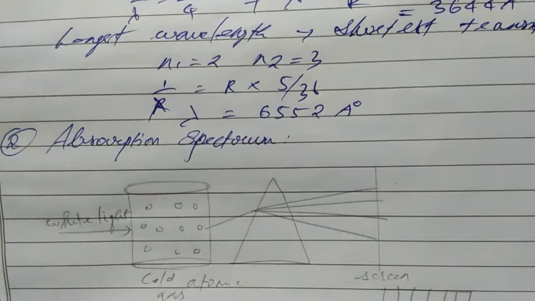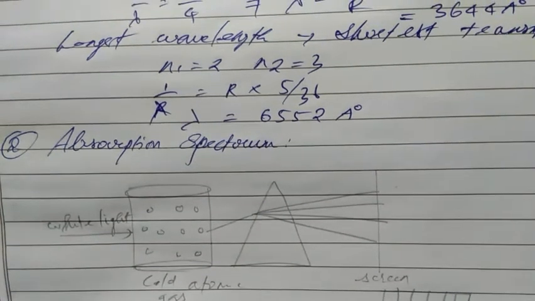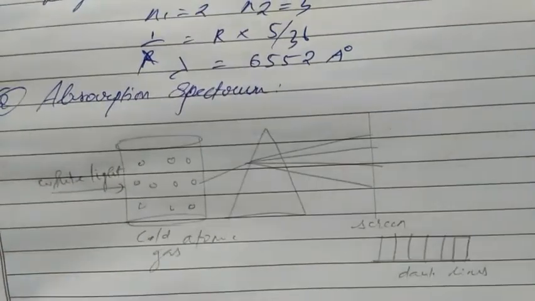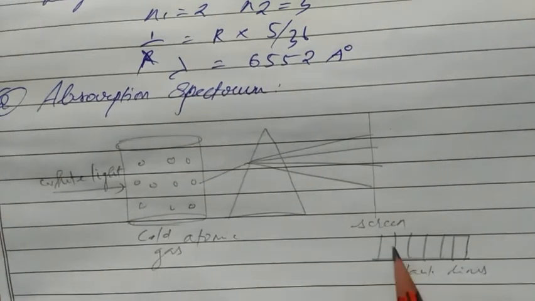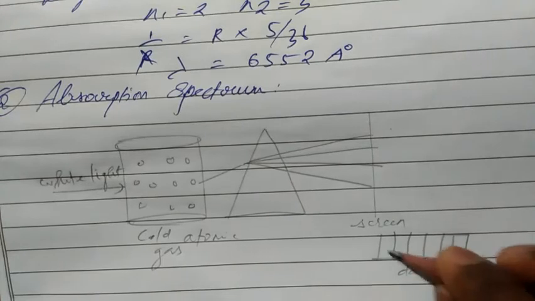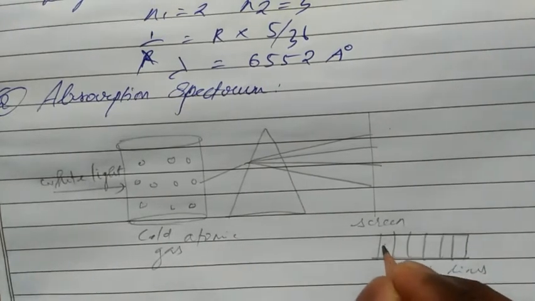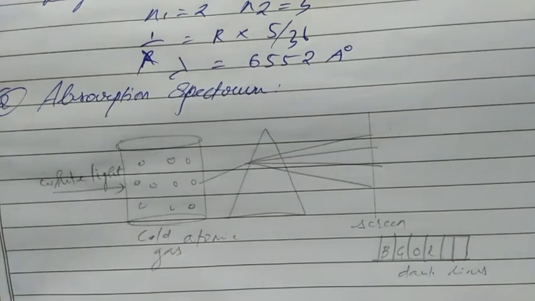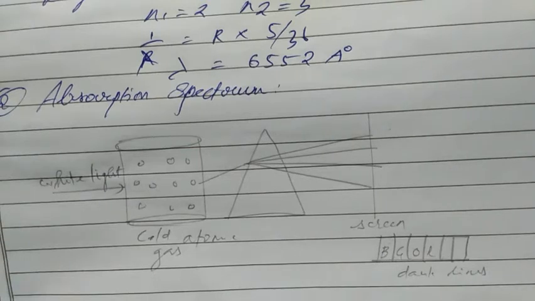So in the emission spectrum, those colors are emitted, and in the absorption spectrum those colors are absorbed by the cold gas. So these are dark lines, and these dark lines appear on the screen. In between the dark lines we have colors: blue, green, orange, red, like that. It is just the reciprocal of the emission spectrum.